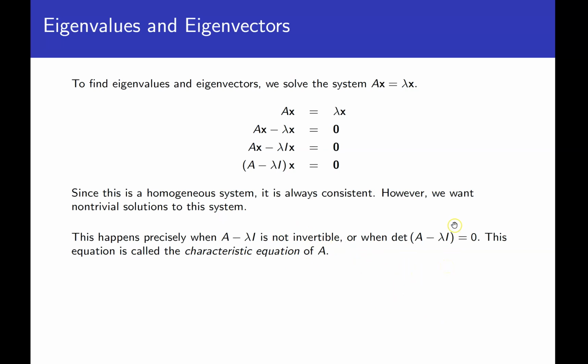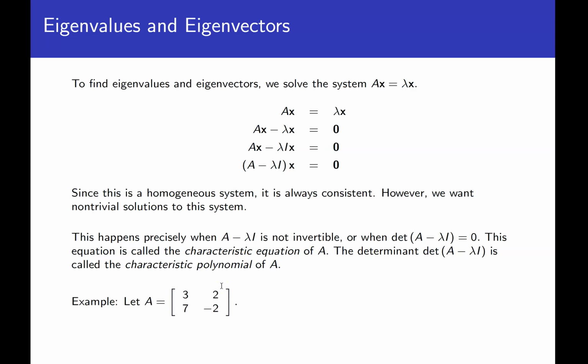But in particular, you're not dividing by any lambdas. You're not taking any square roots of lambdas. You're not doing anything weird to the lambdas except multiplying them together. So this is going to turn out to be a polynomial in lambda no matter what. It's always going to be positive integer powers of lambda, no matter what. So this is always a polynomial, and we actually give it the name characteristic polynomial of A.